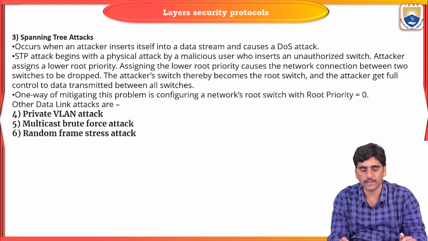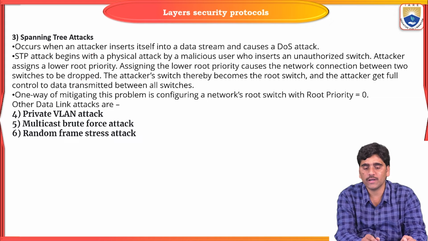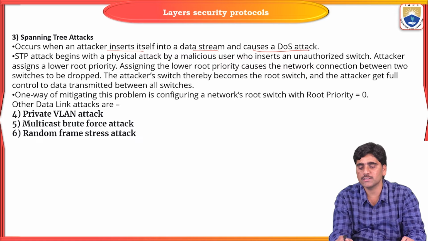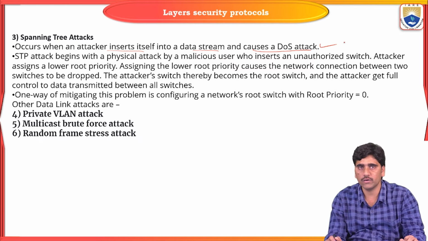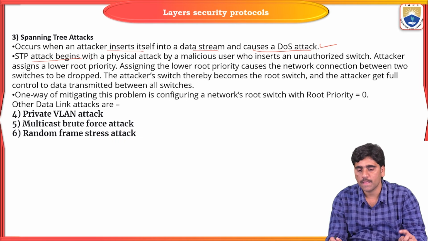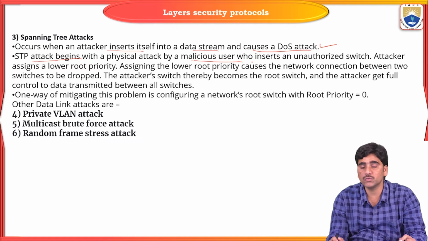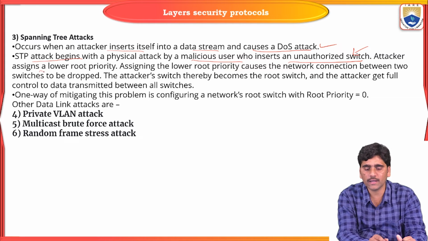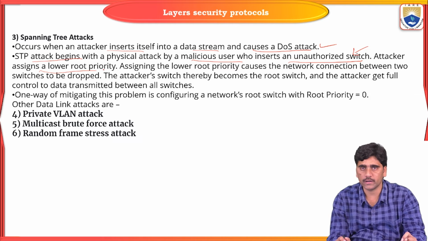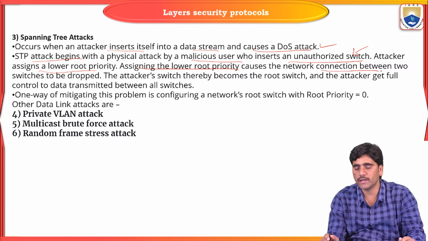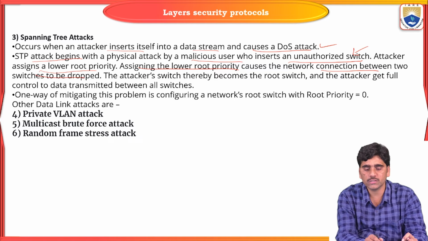And spanning tree attacks. It occurs when an attacker inserts itself into a data stream and causes a DoS attack. The STP attack begins with a physical attack by a malicious user who inserts an unauthorized switch into the network. The attacker assigns a lower root priority, which causes the network connection between two switches to be dropped.